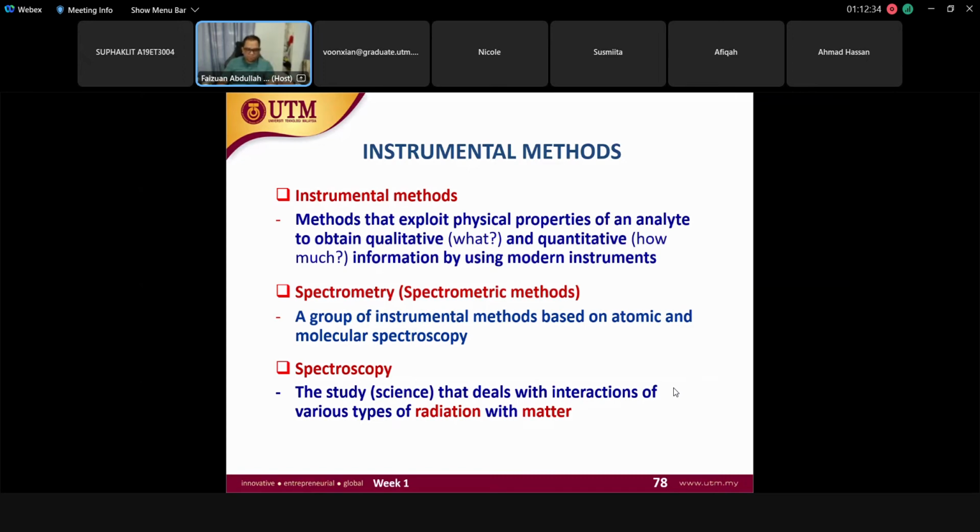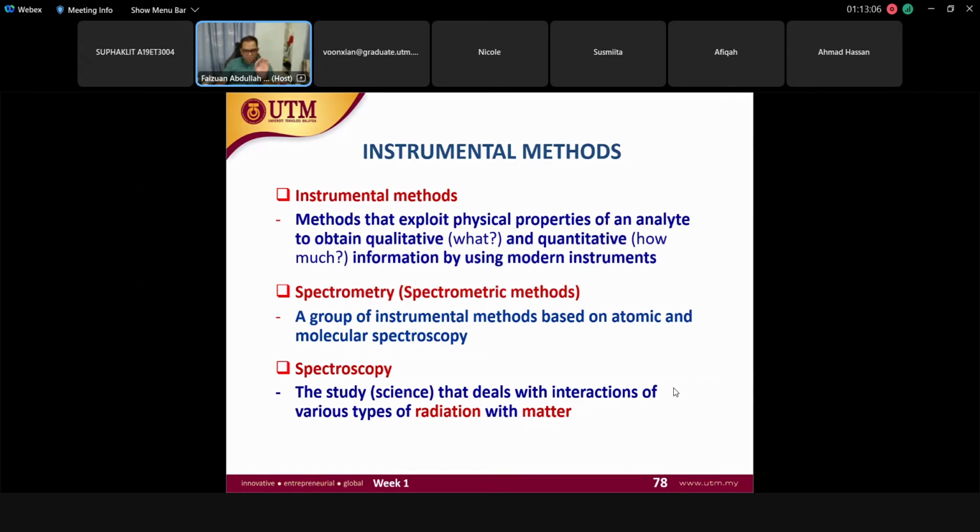And then we measure how much the lead is, or if you just want to know what type of analyte, whether lead exists in the sample, we just do it qualitatively. Is there lead or no lead inside the sample? That is qualitative. If we want to measure how much the lead is, we deal with the interaction of the radiation with the lead, and we calculate how much lead is inside the water sample.